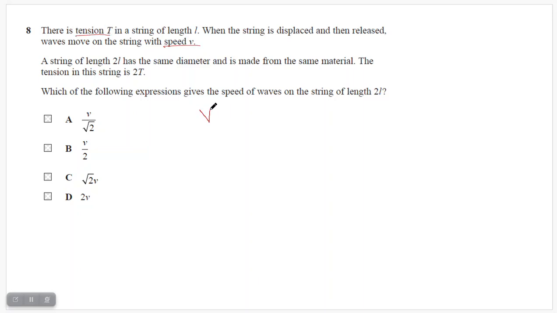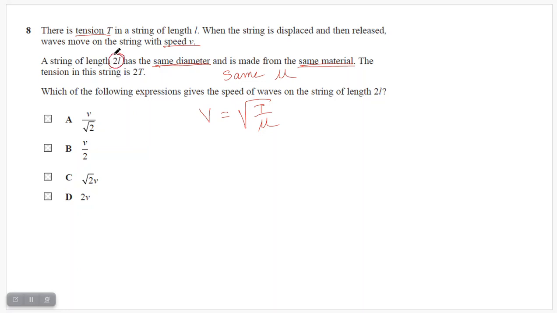It's related by the equation v equals root over T by mu. Let's just put it over there. Now, a string of length twice L has the same diameter and is made from the same material. So if it has the same diameter and the same material, it will have the same value for mu. Mu is mass per unit length.